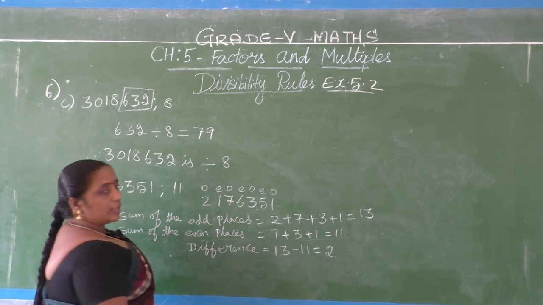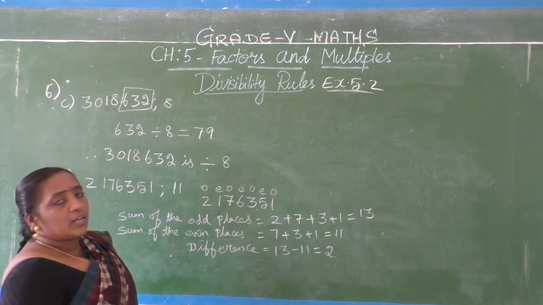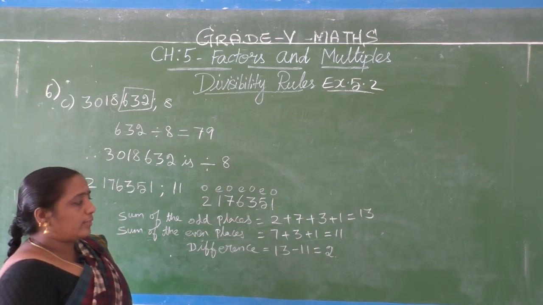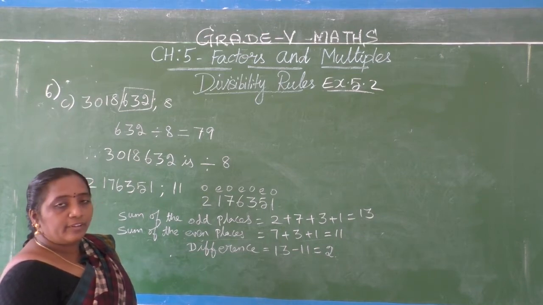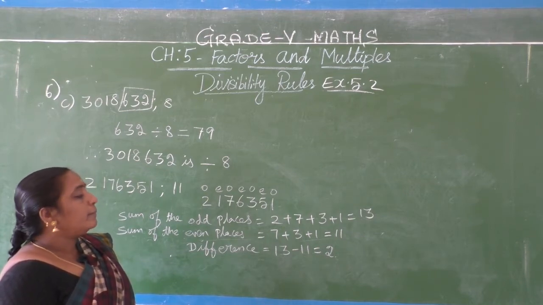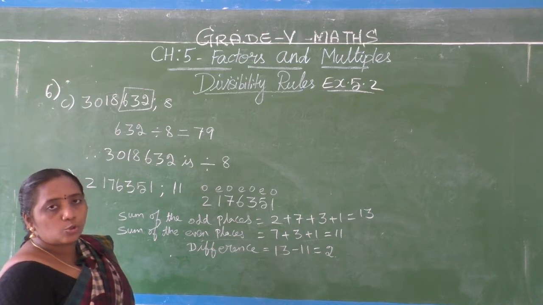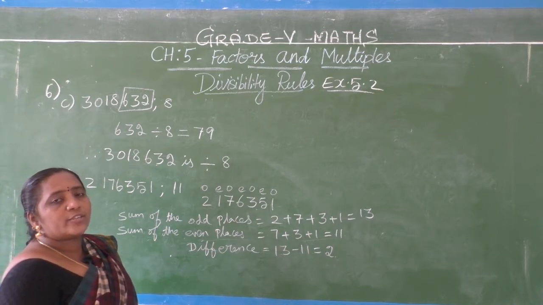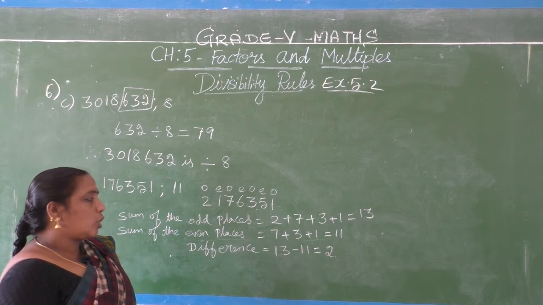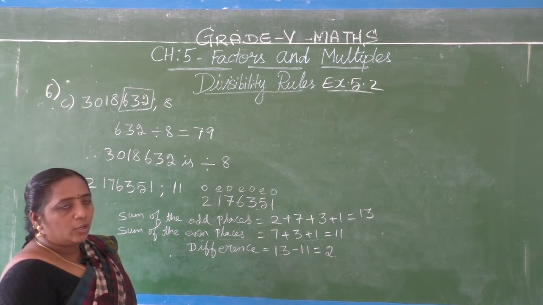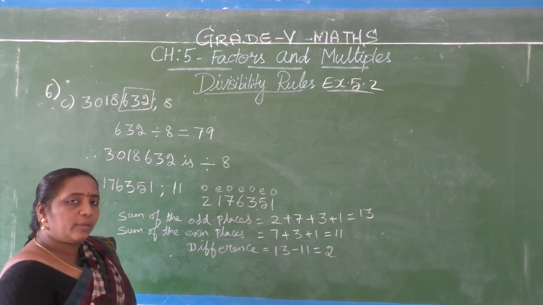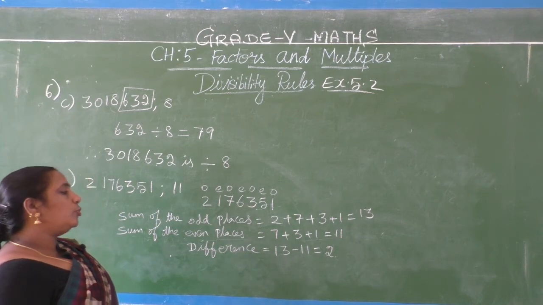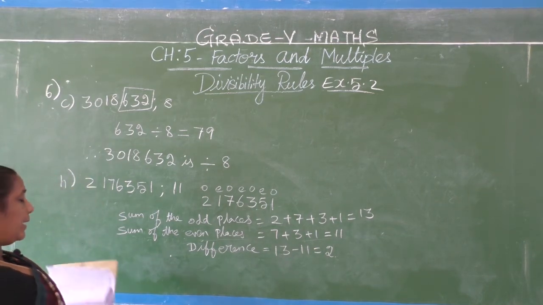Now, what is the rule? If the difference is 0 or a number divisible by 11, then the whole number will be divisible by 11. But here the difference is 2 only. So the first condition, 0, is not applicable here. Then the second rule, a number divisible by 11, but 2 is not divisible by 11.